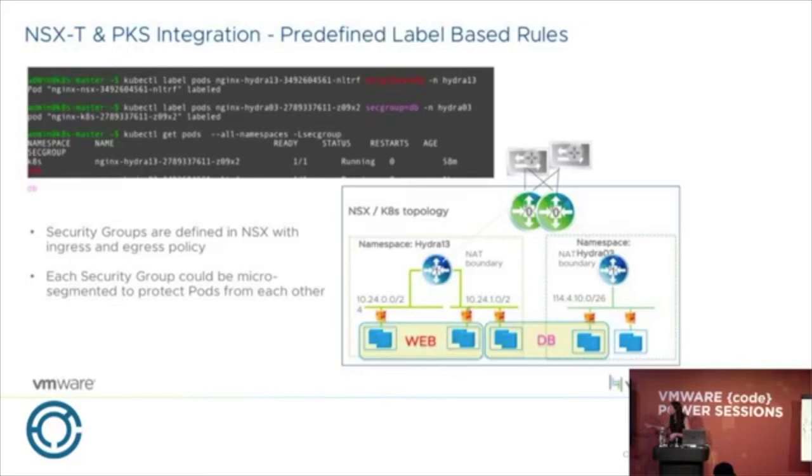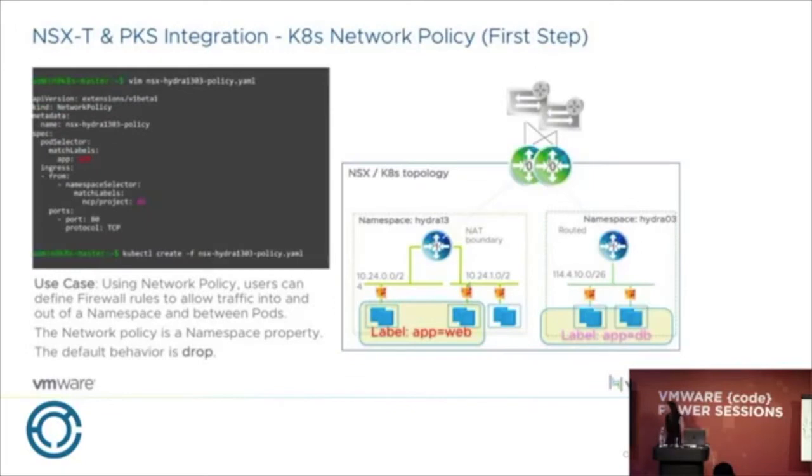So if you think about it, these are the predefined labels that are going to be leveraged. So NSX can say, okay, you are web, you are app, you are DB, just like we had before. And when you look at these now, I'm creating a policy, which will be the first step. And this is, again, from the K8s admin view, right?